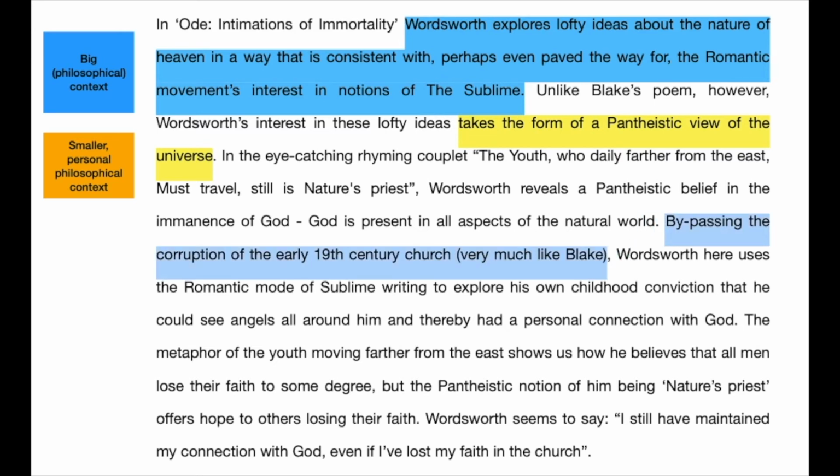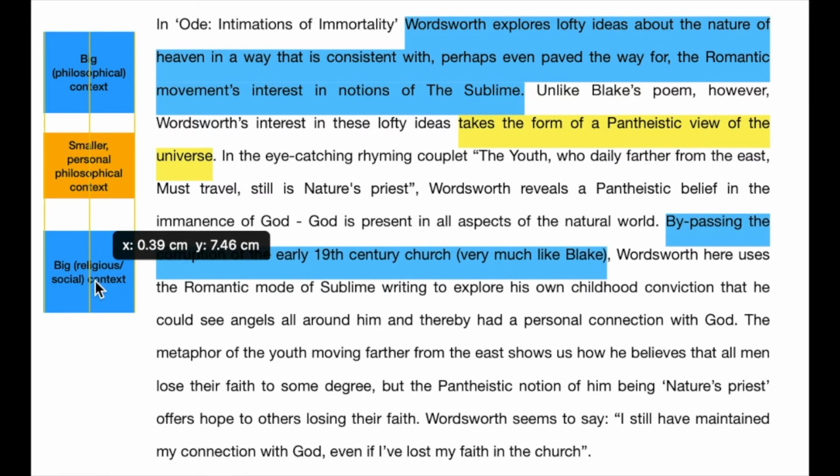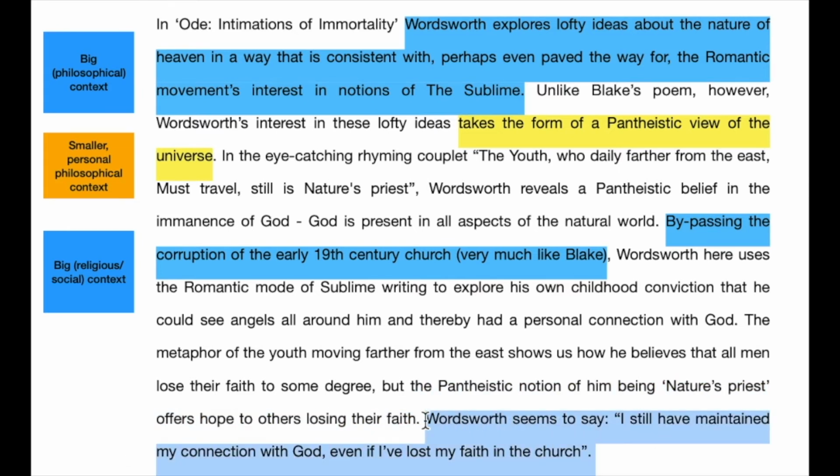Then you'll see that the paragraph actually moves back to the big context, and it does this big to small transition twice. The second big contextual idea is religious, social, it's about the 19th century church. And then finally, the paragraph moves back to a really personal point about Wordsworth's view of his own religious belief.